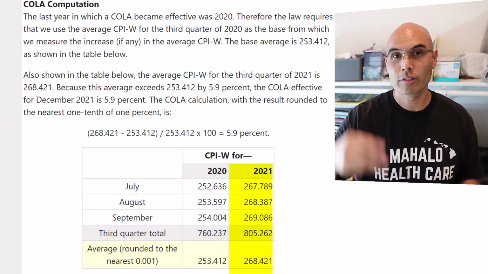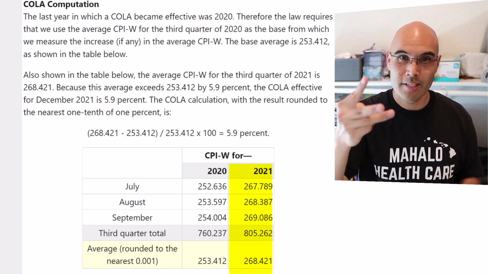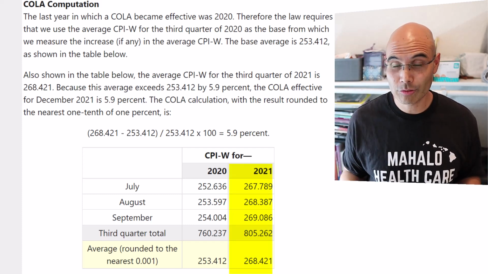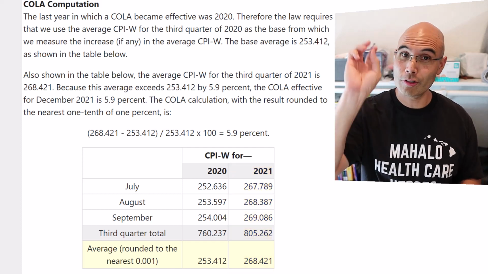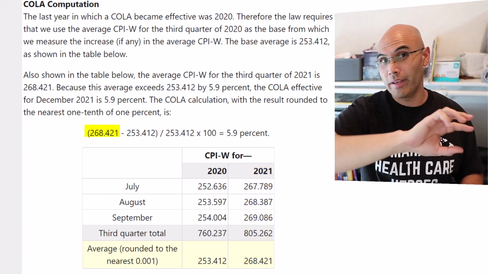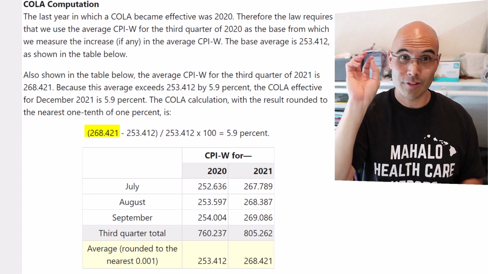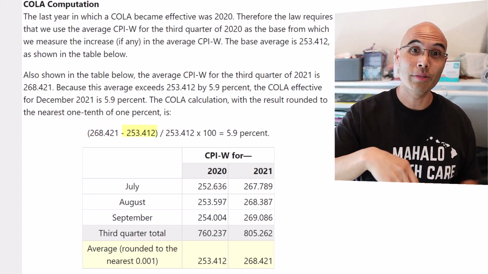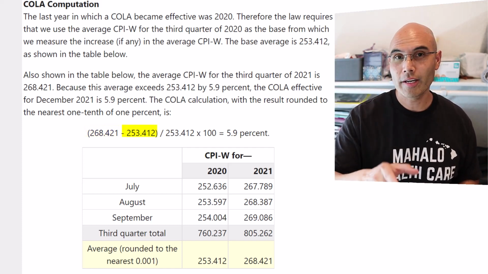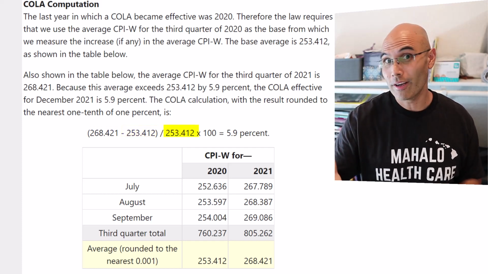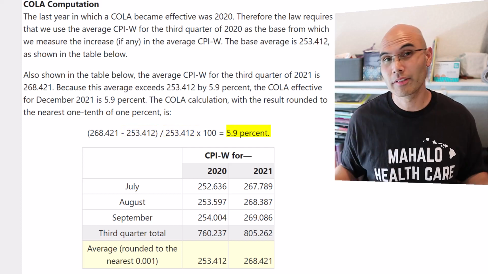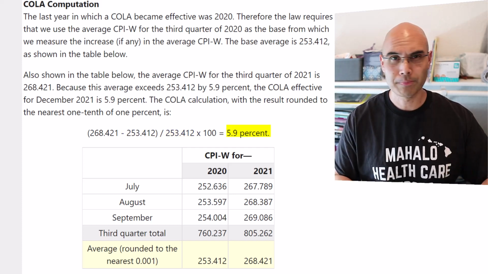They take the third quarter, July, August, September. You guessed it, they average that as well. And they take the rate of change. So they take the larger number, 2021, subtract out the smaller number of the prior year, 2020, and then divide it by the starting number of 2020. And then they got 5.9% as the cost of living adjustment for 2022.